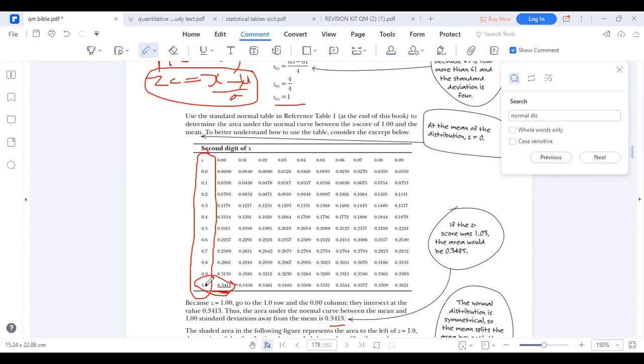If it is Z of 1.02, you get this as 1.02, and 1.03 is that value for Z that we can get from there.